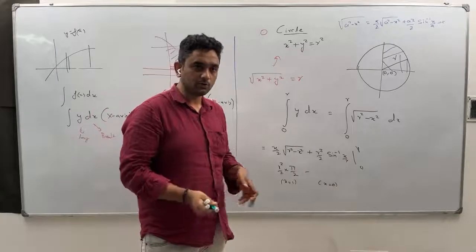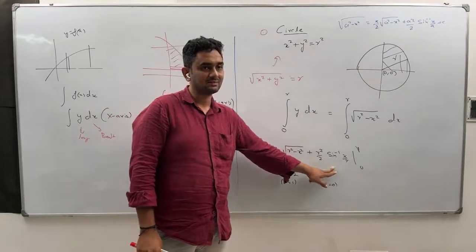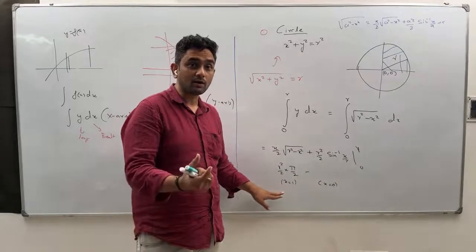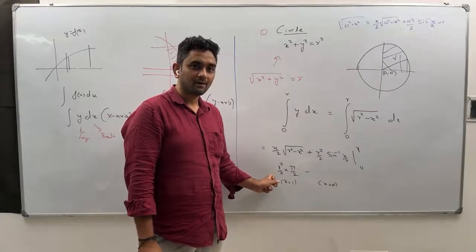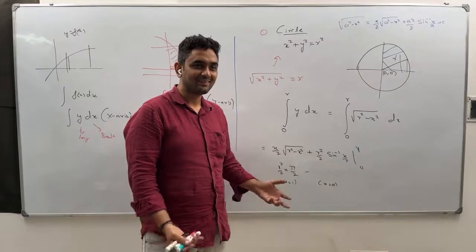So when you put x equal to 0, what you will get? 0 plus 0. So in one quarter of circle, what is the area? Pi r square by 4. So area of circle.